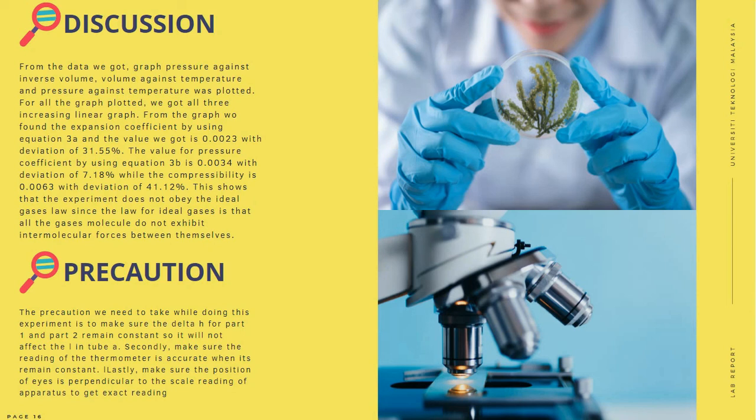From the graphs, we found the expansion coefficient by using equation 3a in the lab manual, and the value we got is 0.0023 with deviation of 31.55%, while the value for the pressure coefficient by using equation 3b is 0.0034 with deviation of 7.18%, while the compressibility is 0.0063 with deviation of 41.12%.